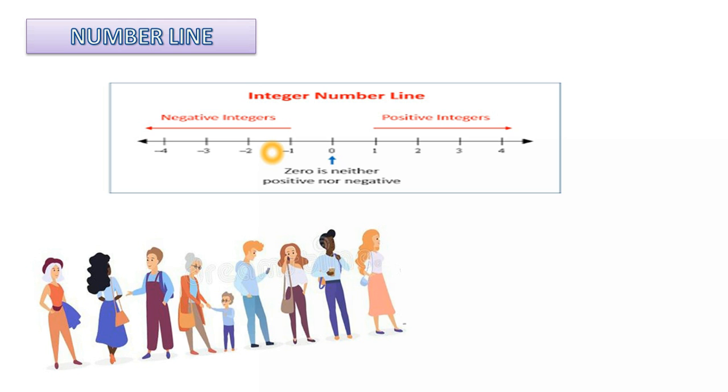For now, we will focus only on the positive numbers, because this lesson is only about whole numbers. The whole numbers are the numbers starting from 0. So we will concentrate on this portion, from 0, and this number line we'll see in the various operations.